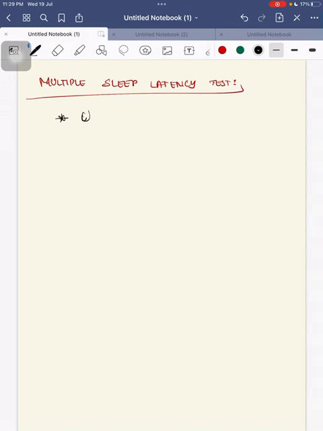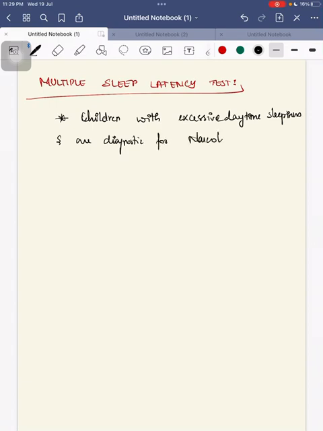So this is used to evaluate the children with excessive daytime sleepiness, and are diagnostic for narcolepsy. Okay, this is the multiple sleep latency test.